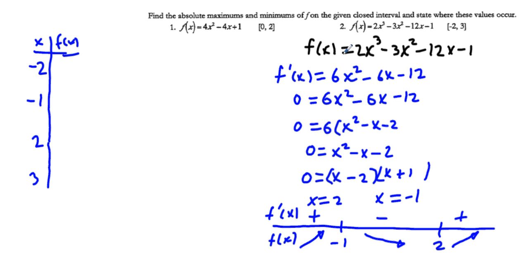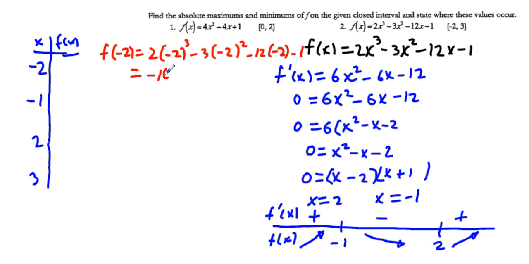Let's test our candidates, going back to our original equation. First, f of -2 equals 2 times -2 cubed minus 3 times -2 squared minus 12 times -2 minus 1. -2 cubed is -8, times 2 is -16.